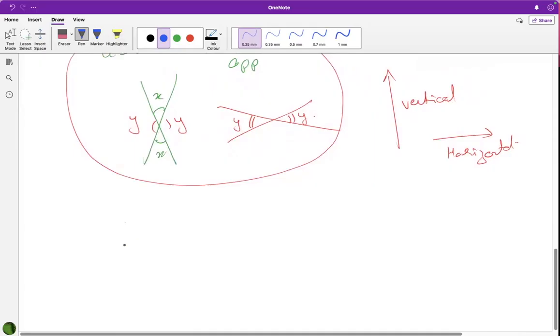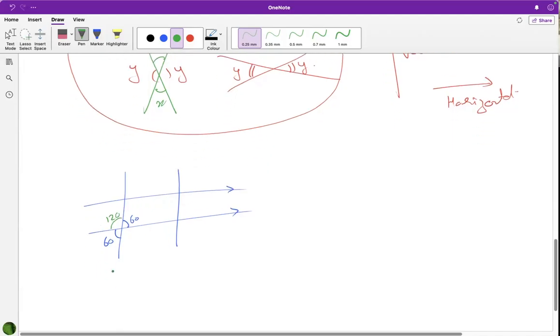For example, I have these two lines and then these two lines. If I write this as 60, I know this would be 60, vertically opposite. And these two, do you agree if I write 120 right here? Yes.